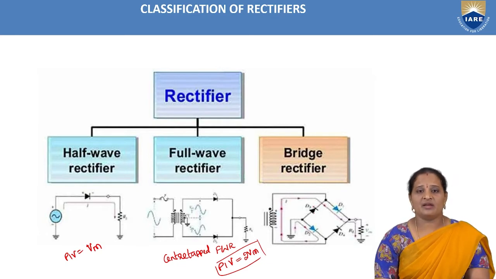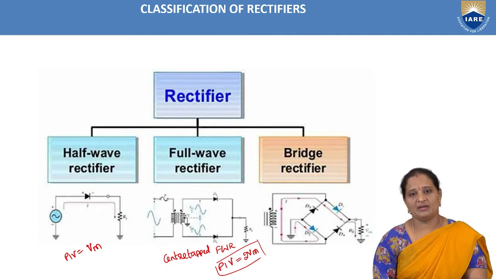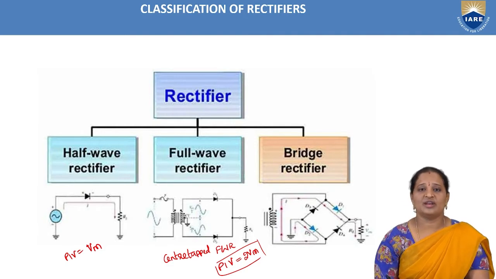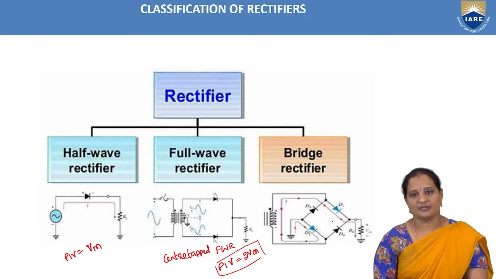The bridge rectifier is also a full-wave rectifier which rectifies both positive and negative half cycles of the input AC supply, and hence the ripples, or unwanted components, present in the rectifier output are reduced and the efficiency is improved.